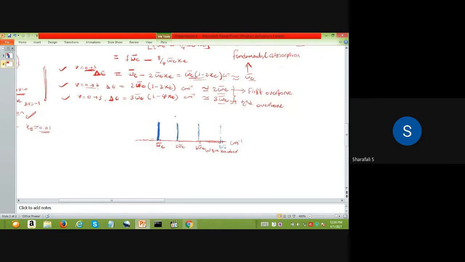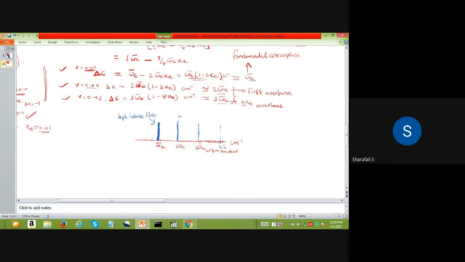When you consider this particular case, we can see that this line is more intense. This particular line has high intensity, so this is the high intense line. If you consider other lines, these are low intense lines.